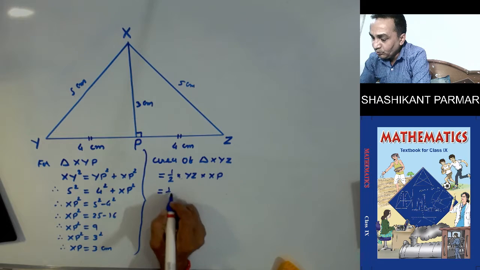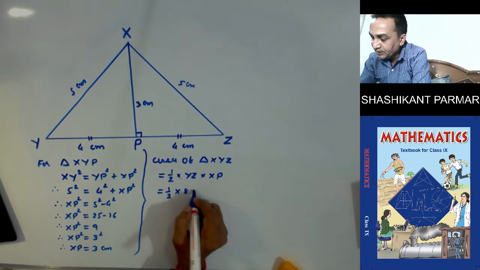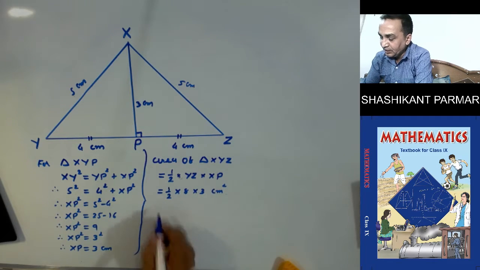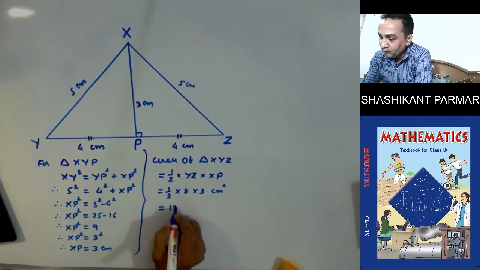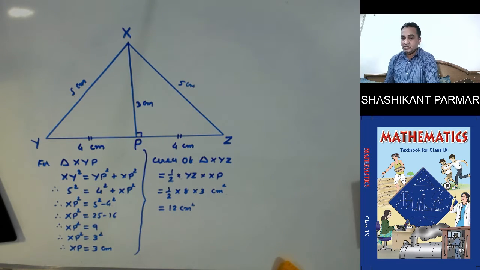So it is equal to 1 half into 8 into 3 centimeter square. So it is equal to 12 centimeter square. So by this way we can find the area of the given triangle.